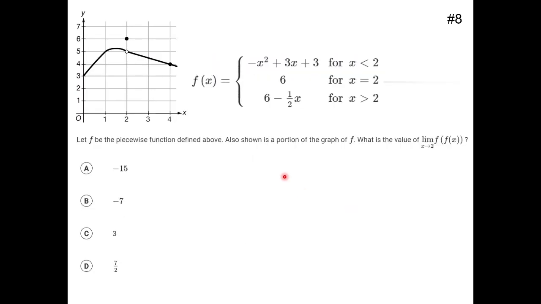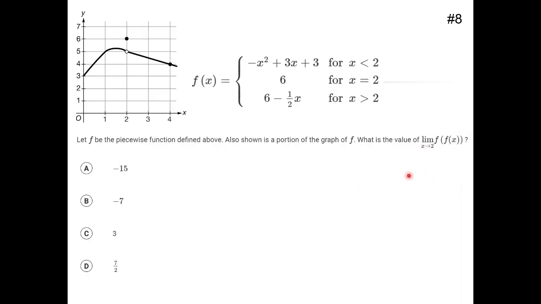On this problem, we have a graph of a piecewise function. So they're giving us both the algebraic and the graphical representation of this. And they want us to figure out the value of the limit as x approaches 2 of f of f of x. So in order to do one of these nested limits, we have to evaluate it from the inside out.